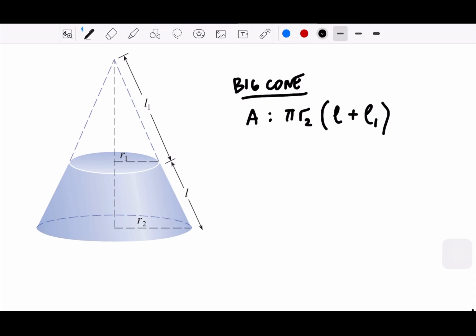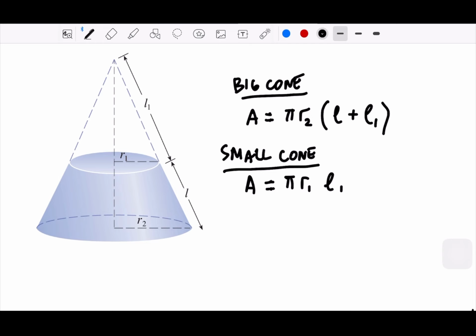And now the small cone, the area is pi R1 L1.